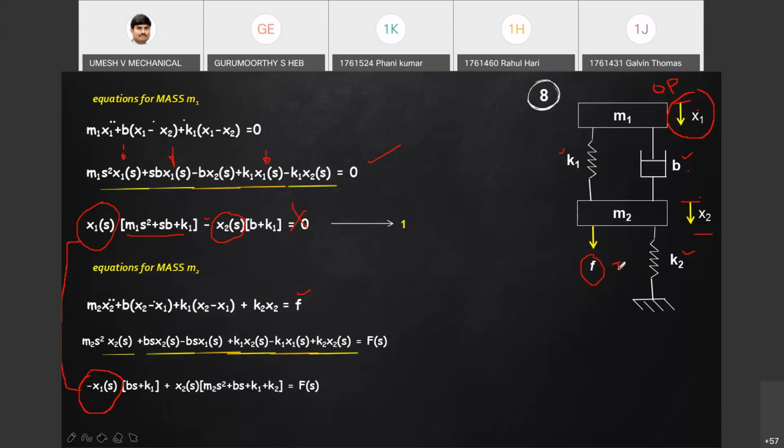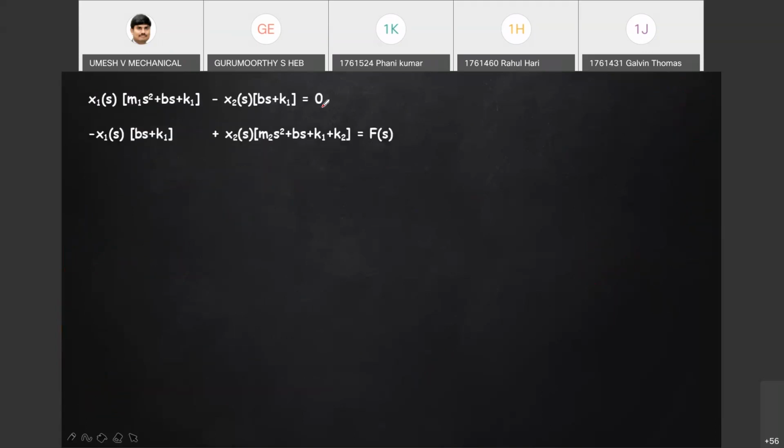So in the earlier problem we used to find x2. Now in this problem, x1 coefficient is written in the first place. 1 and 2. Okay, x2 is next. But our way of writing Cramer's rule is the same. Okay. So take these two.